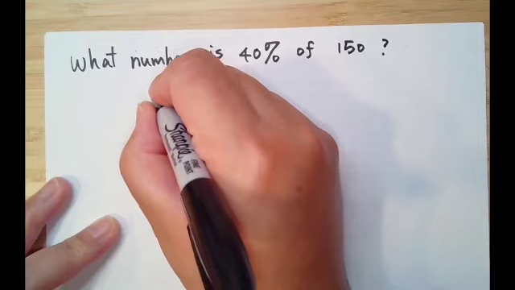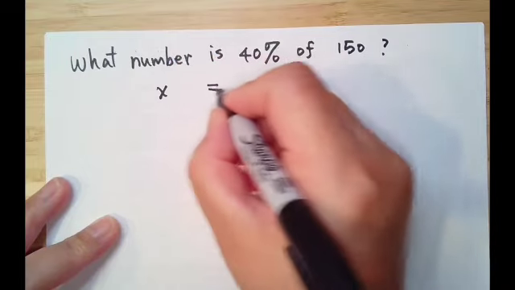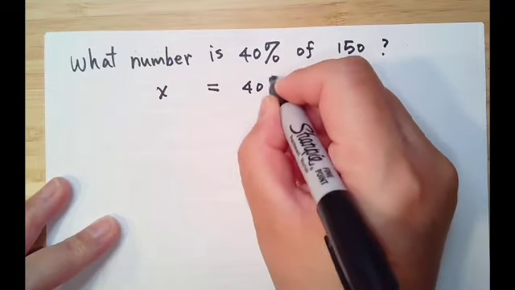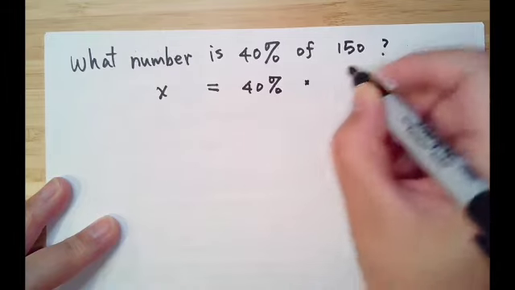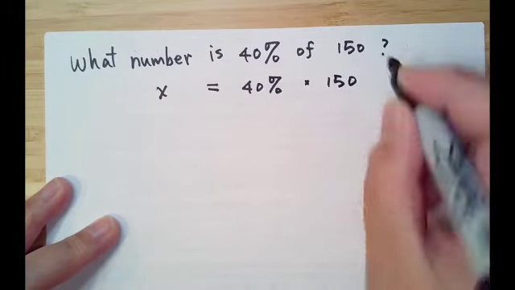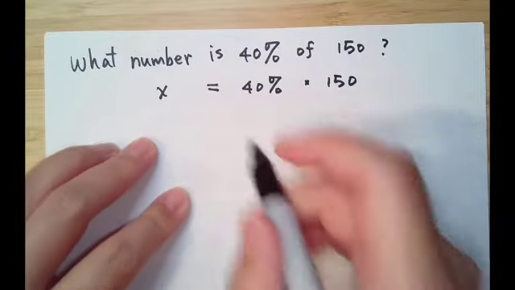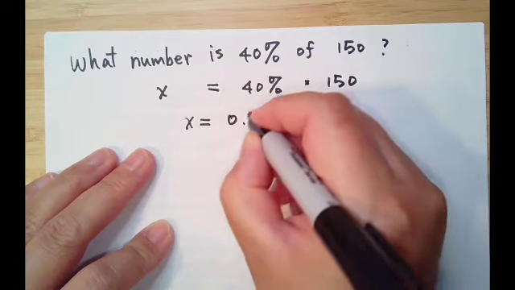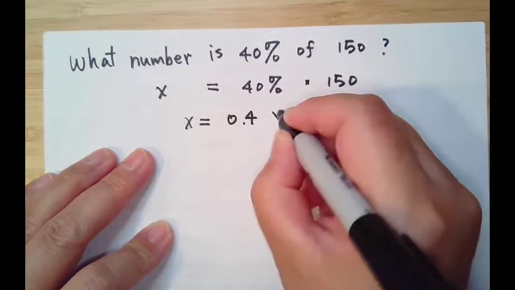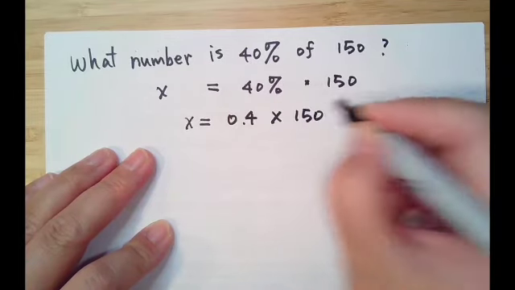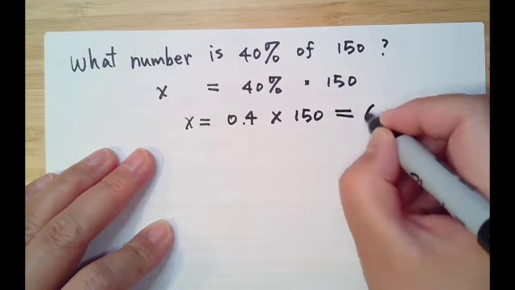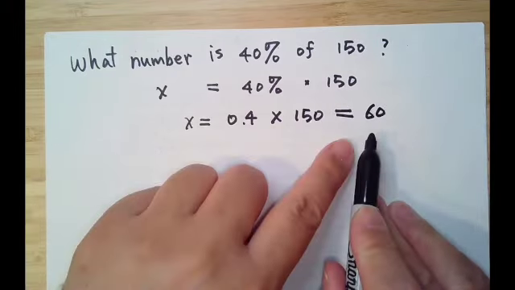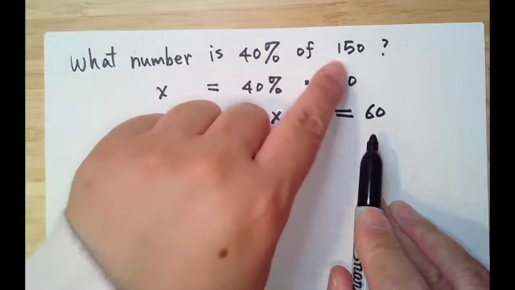So we're asking for x equals 40% times 150. That's an equation, isn't it? x equals something. So x equals 40%, I can write that as 0.4 times 150. The answer is 60. So 60 is 40% of 150.